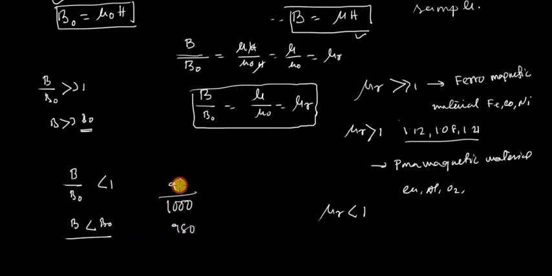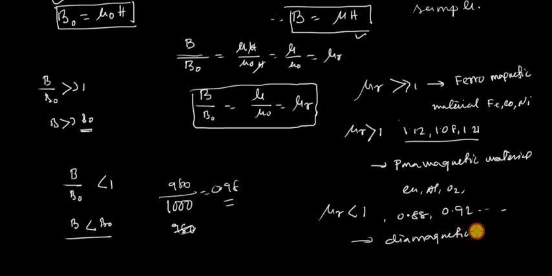Your ratio becomes 980 by 1000, which is equal to 0.98. That means lines of force decrease instead of increase from the original value. For example its value may be 0.8 or 0.92 etc. This type of material is called diamagnetic material.